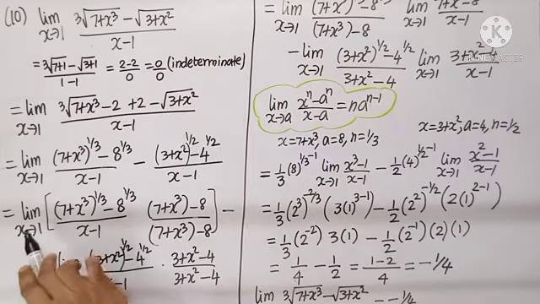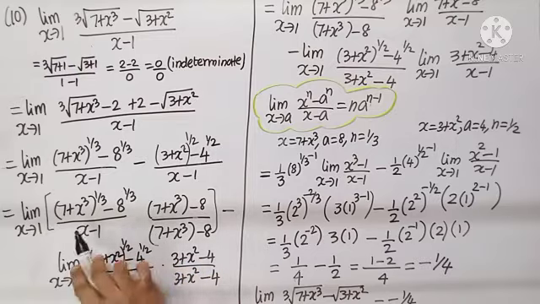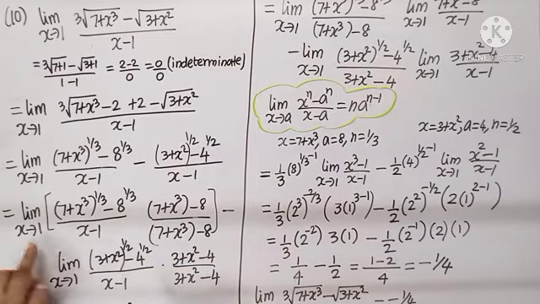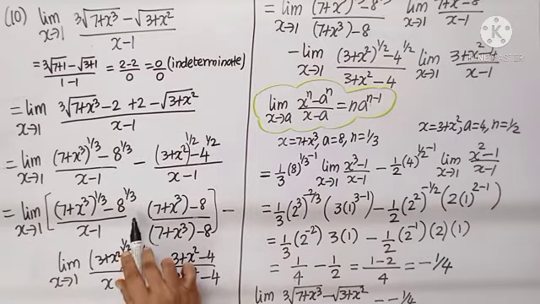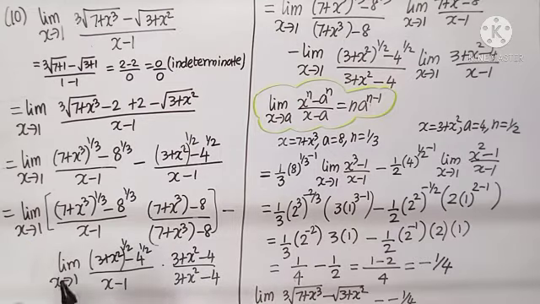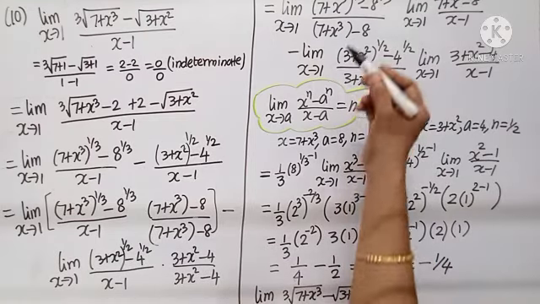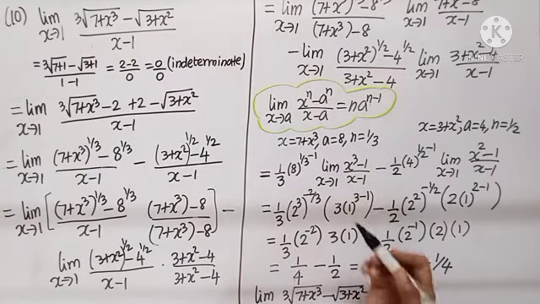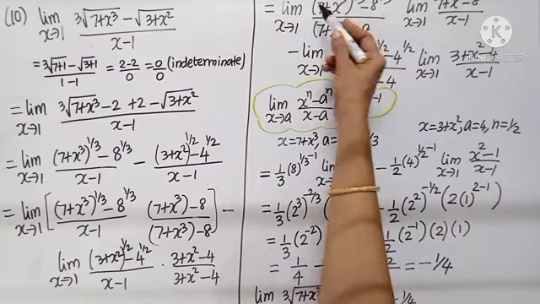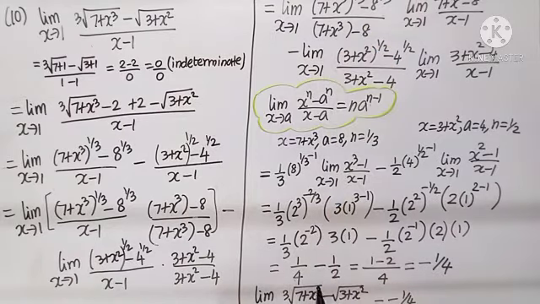Also, limit split for multiplication. So limit of first term into limit of second term. Similarly, limit of first term into limit of second term. As I apply this formula, let me check. Wherever x comes, I have 7 plus x cube.